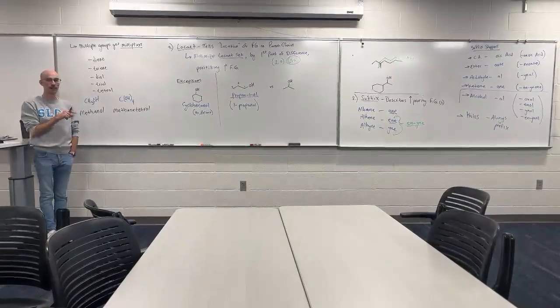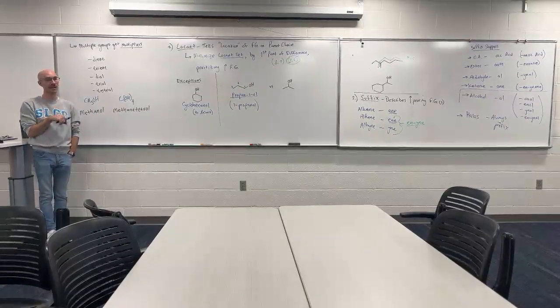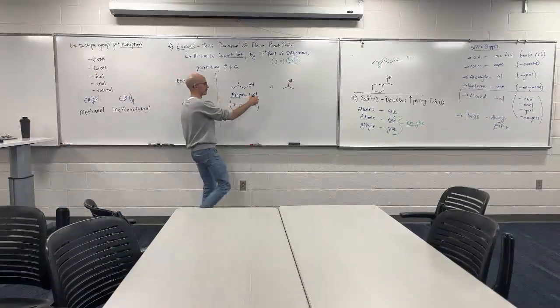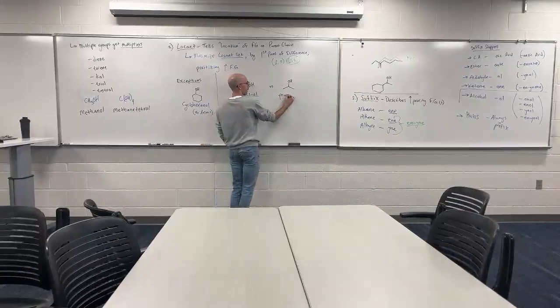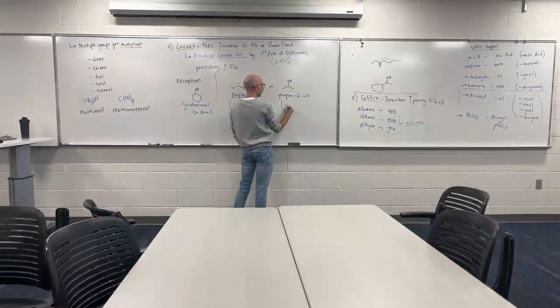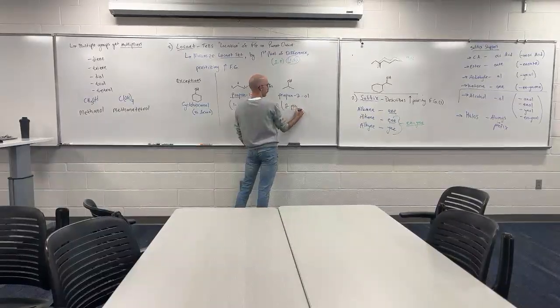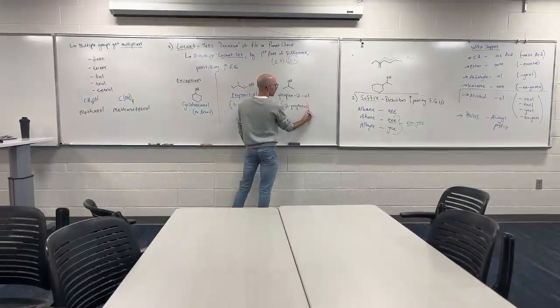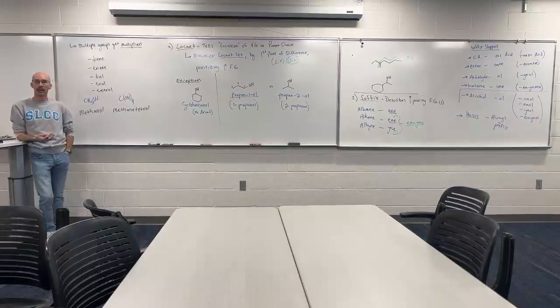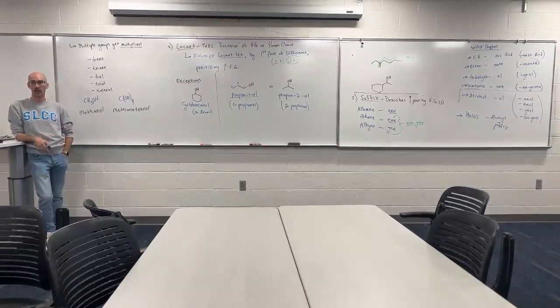There are opportunities for you to do this, and there are times you cannot do it. I'll give you an example where you cannot. This one, propan-2-ol, otherwise called 2-propanol. You may know it as rubbing alcohol or isopropyl alcohol.